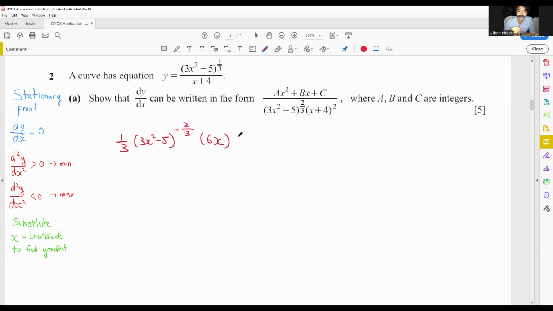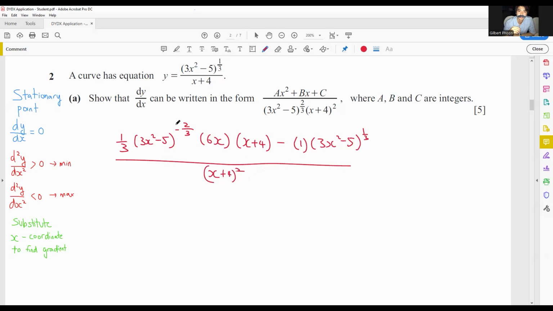Differentiate top, copy bottom, x plus 4, minus differentiate bottom, which is just 1, copy the top, which is this whole thing here, (3x squared minus 5) to the power of 1 over 3, over the bottom squared. So (x plus 4) squared, right?